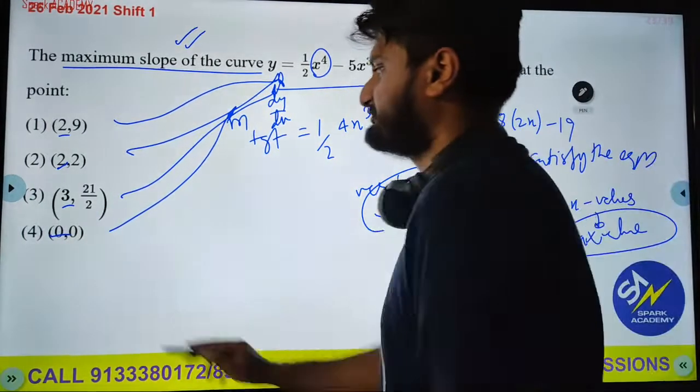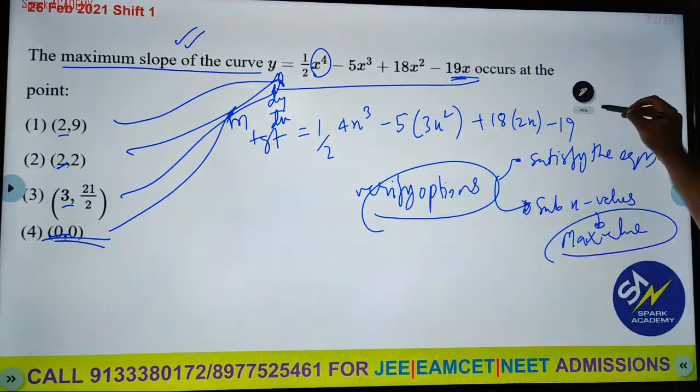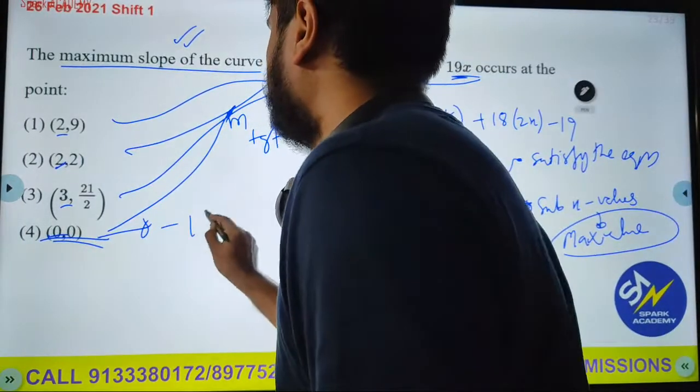So for example, if we substitute 0, what is happening? All these will become 0. We are getting slope as minus 19.